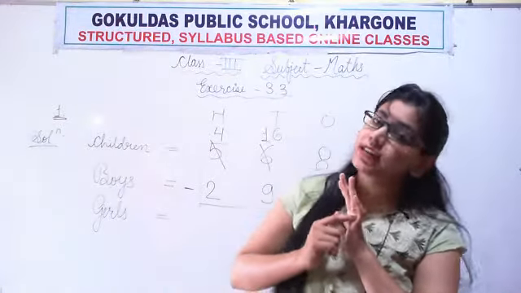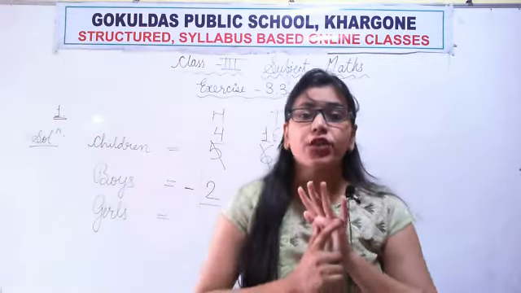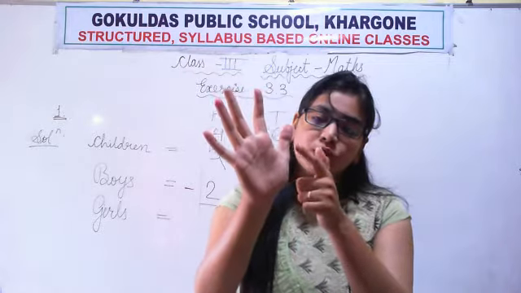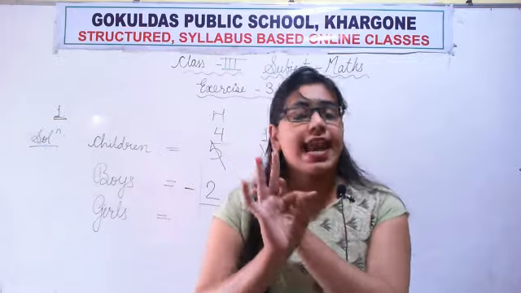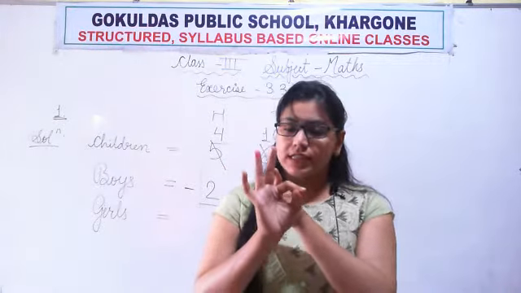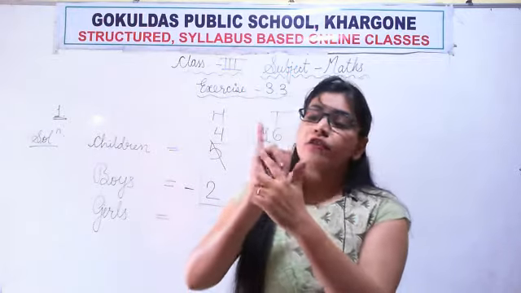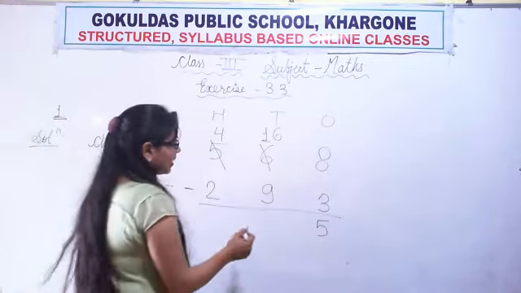Now we have counted 16 finger marks. Minus 9, so we'll count 9 times backward: 1, 2, 3, 4, 5, 6, 7, 8 and 9. Now we will count the remaining finger marks: 1, 2, 3, 4, 5, 6, 7. 7 finger marks. So we will write the number 7.